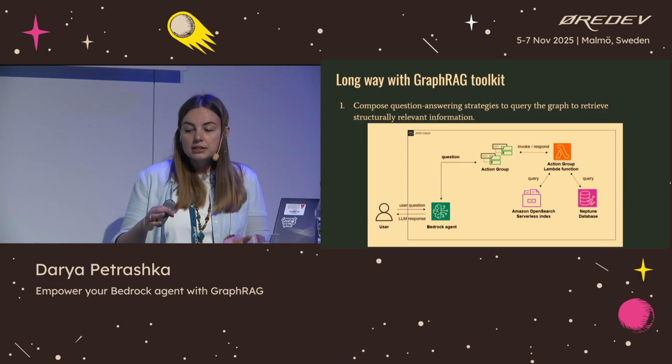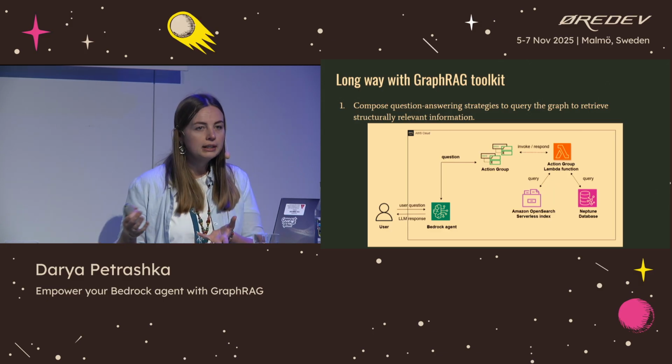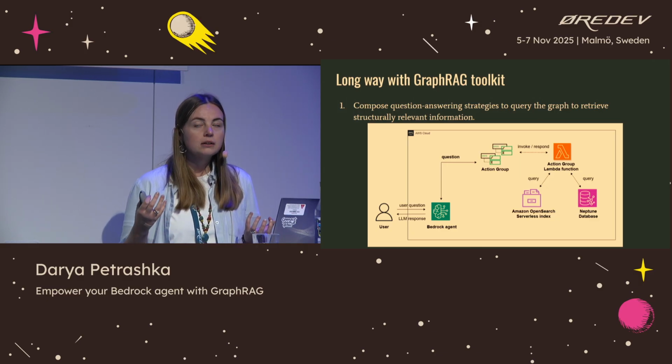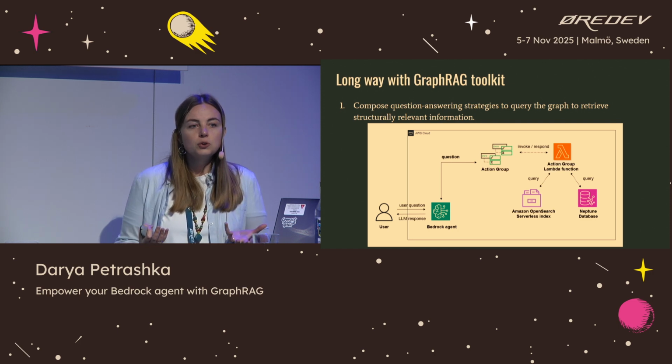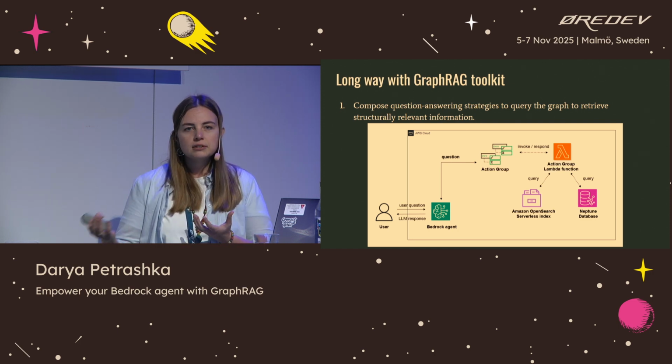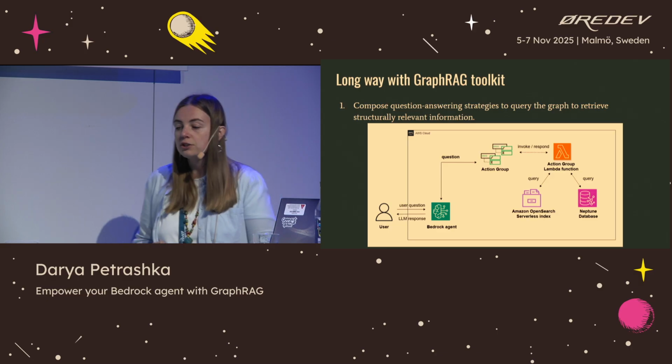But you can still have an action group inside your agent. An action group is basically a toolbox for your agent that it can use for doing different kinds of stuff. Yeah, you're probably familiar with tools, with the concept of tools for agents.